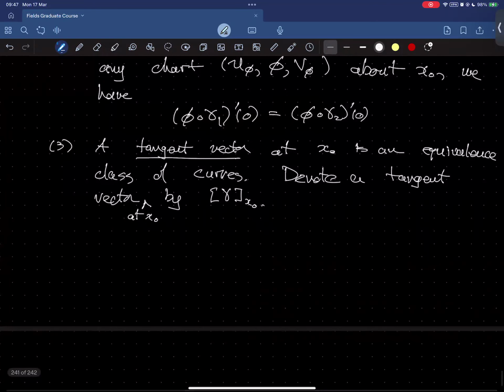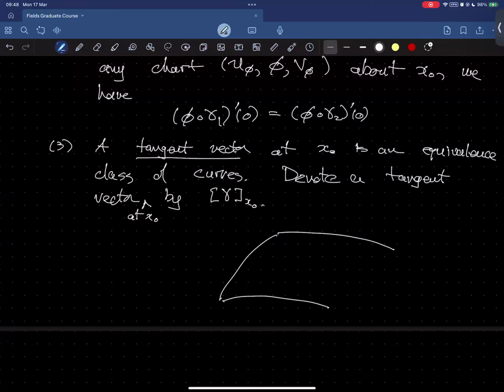All right, so I have my manifold, and I have been drawing manifolds like this, although this isn't a really awesome representation of a manifold in the general case, but for our purposes here, it's just fine.